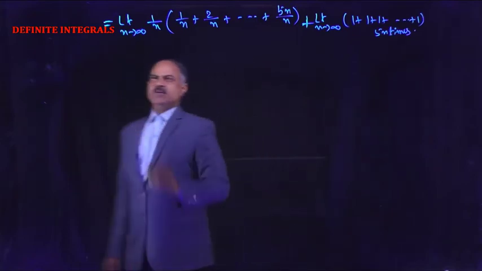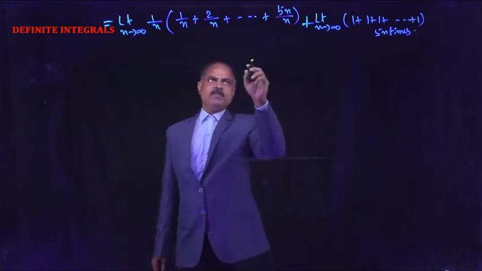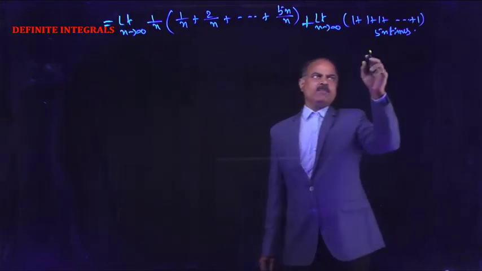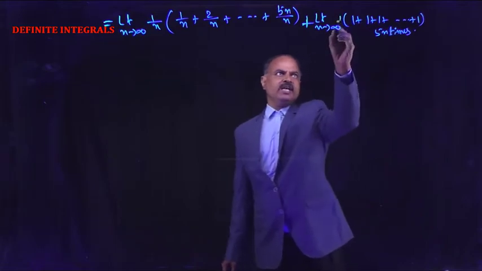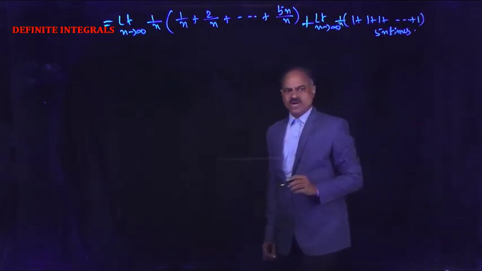Next, this is equal to limit n tends to infinity 1 by n into (1 by n plus 2 by n plus and so on up to 5n by n) plus limit n tends to infinity 1 by n into (1 plus 1 plus and so on, 5n times).